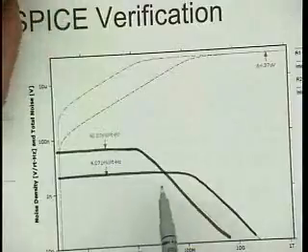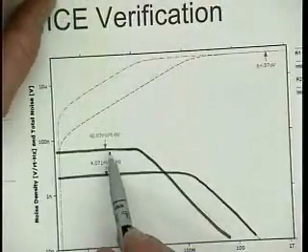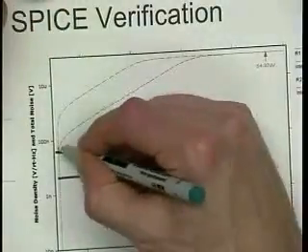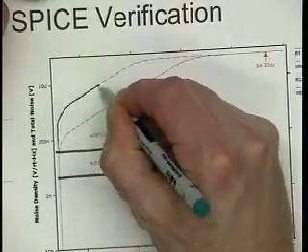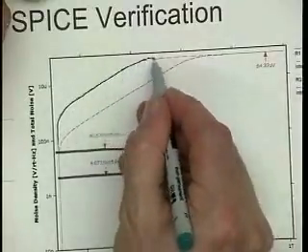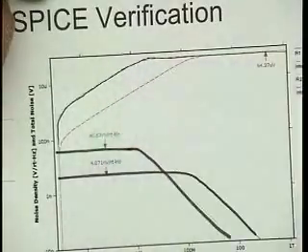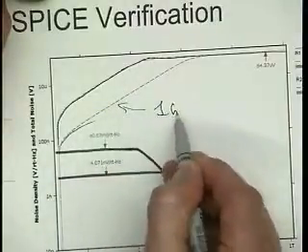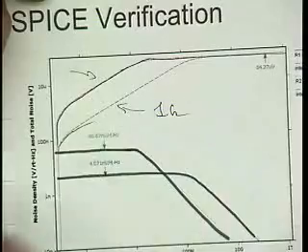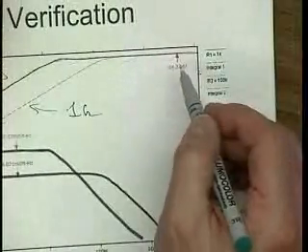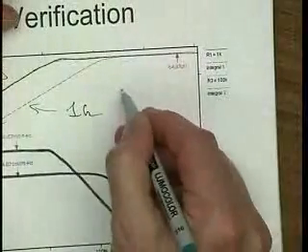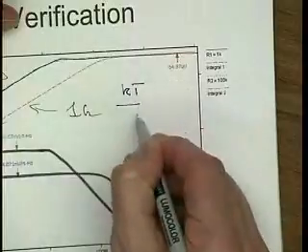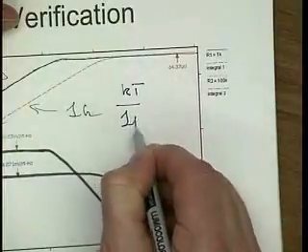The noise for the 100K resistor rises much more quickly, but then it also settles out more quickly than the other one. So this must be the 1K, and this must be the 100K resistor. And in both cases, they settle to kT over C, for 1 picofarad.